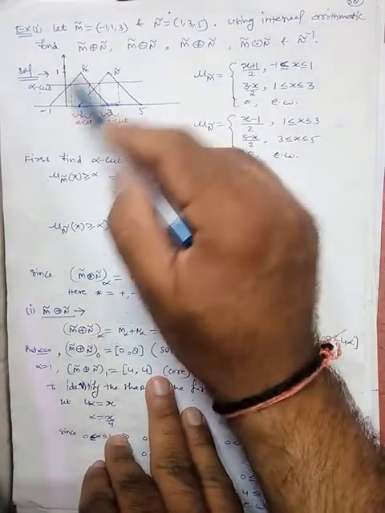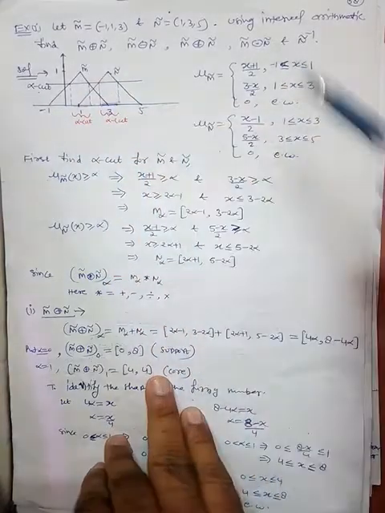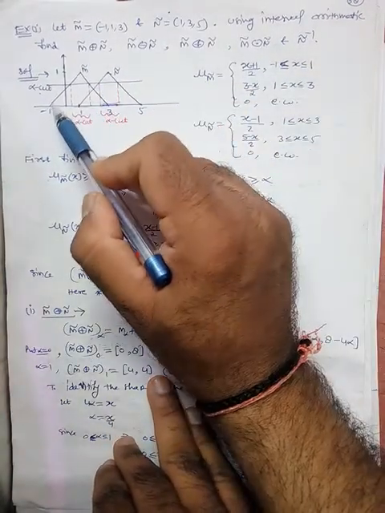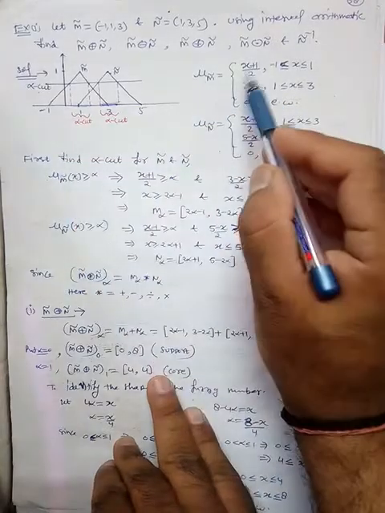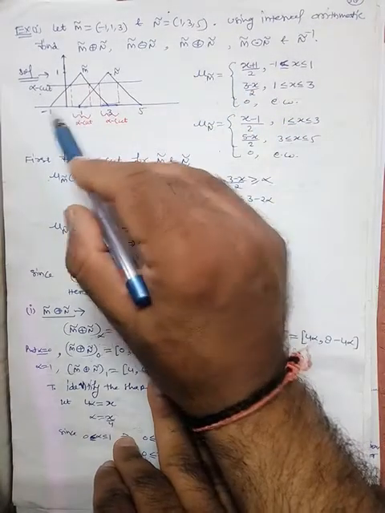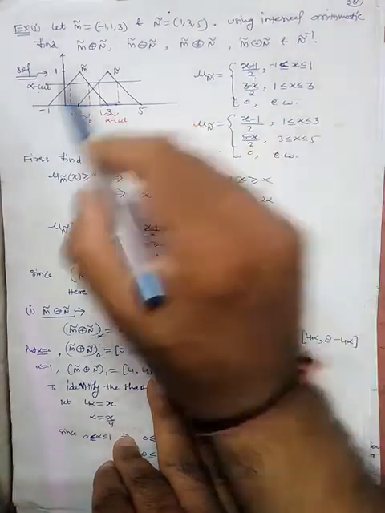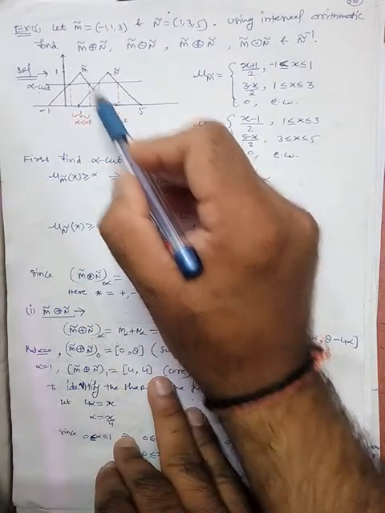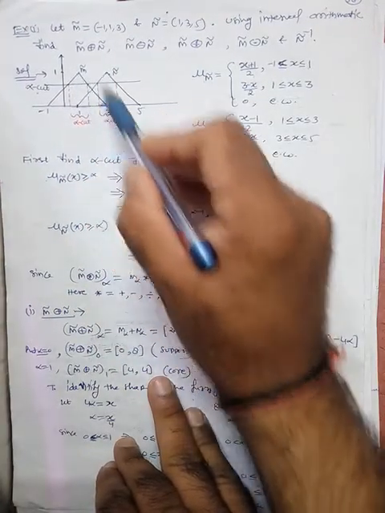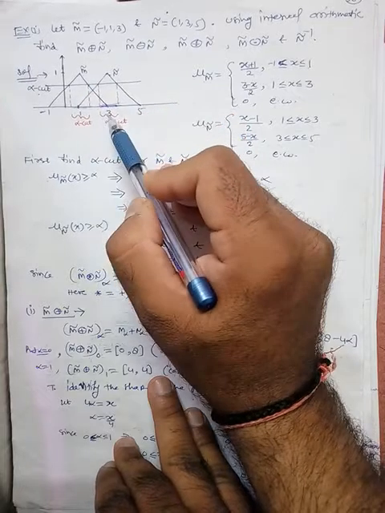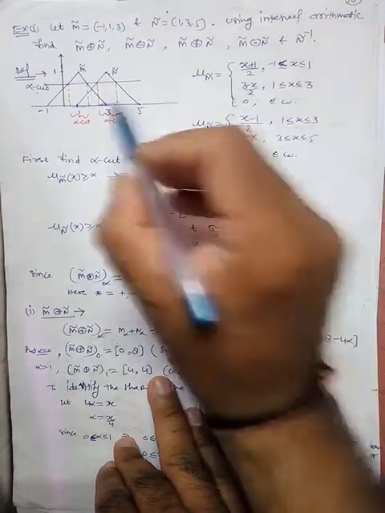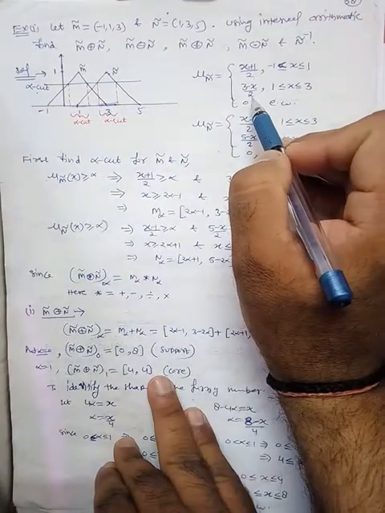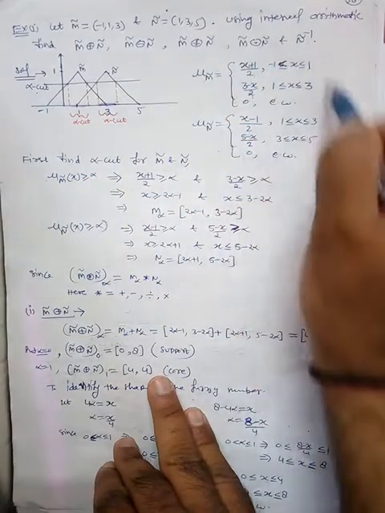Because this is a triangular number, according to the definition, the membership will be (x minus (-1)), that means (x plus 1), divided by the distance 2, on the interval from minus 1 to 1. Now for the right hand part of M, from 1 to 3, the definition says (3 minus x) divided by the distance 2. So this is the membership function for M.